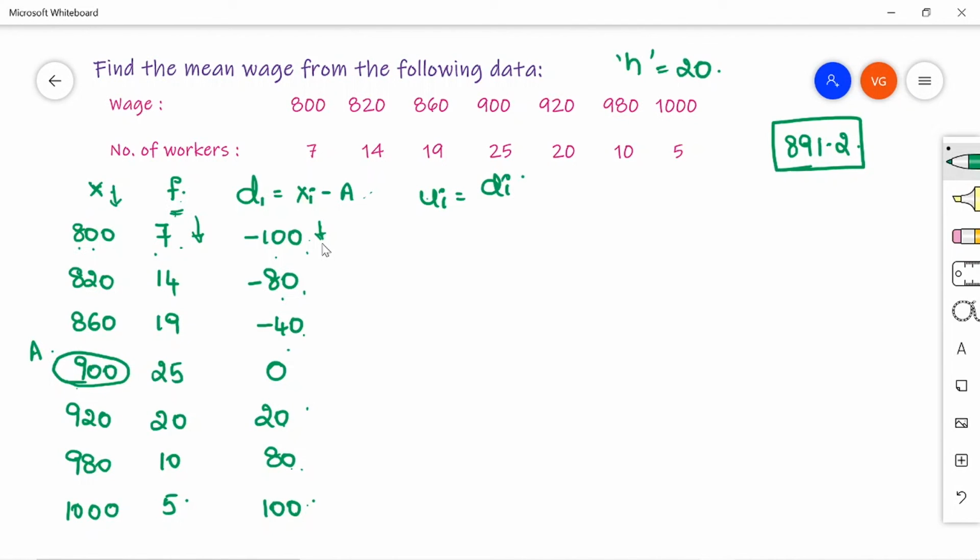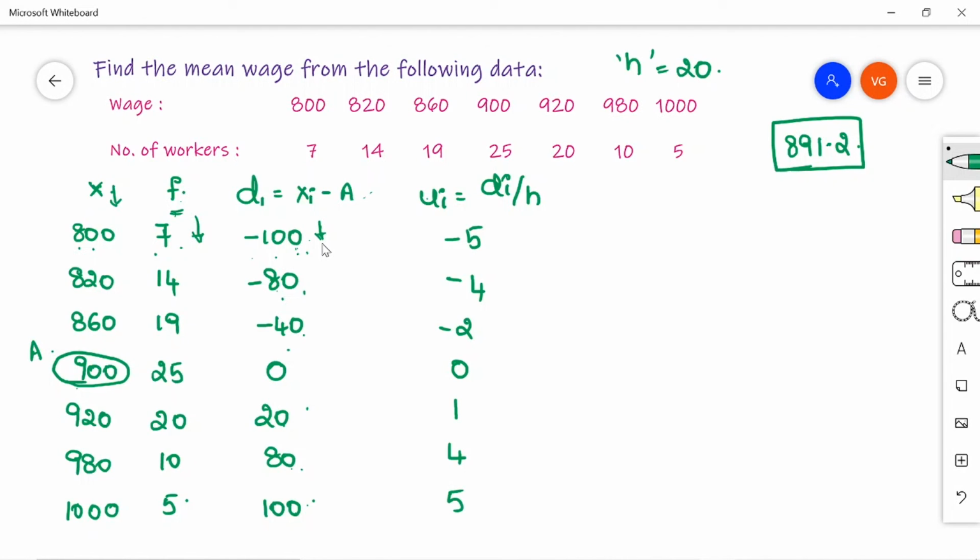I'm dividing each value of d with h, the step size, as 20. So minus 100 divided by 20, minus 5, minus 80 divided by 20, minus 4, minus 40 divided by 20, minus 2. 0 divided by anything is 0. 20 by 20 is 1. 80 by 20 is 4. 100 by 20 is 5.